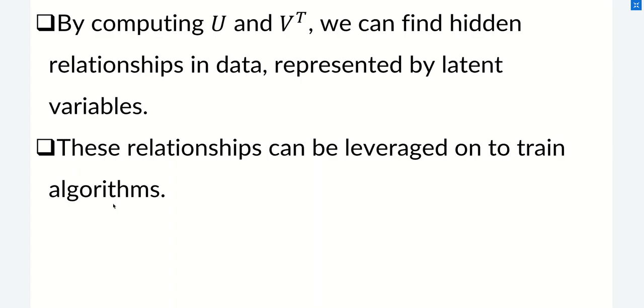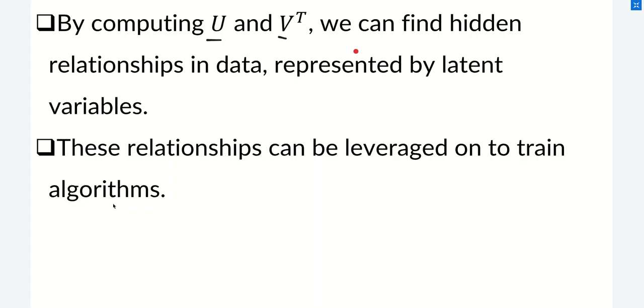So by computing U and the V transpose, we can find hidden relationships in the data represented by latent variables. This relationship can be leveraged to train your algorithm. So you see how we started: we decomposed, then we paid attention to our U and the VT, but we used the sigma to reduce the U and the VT.